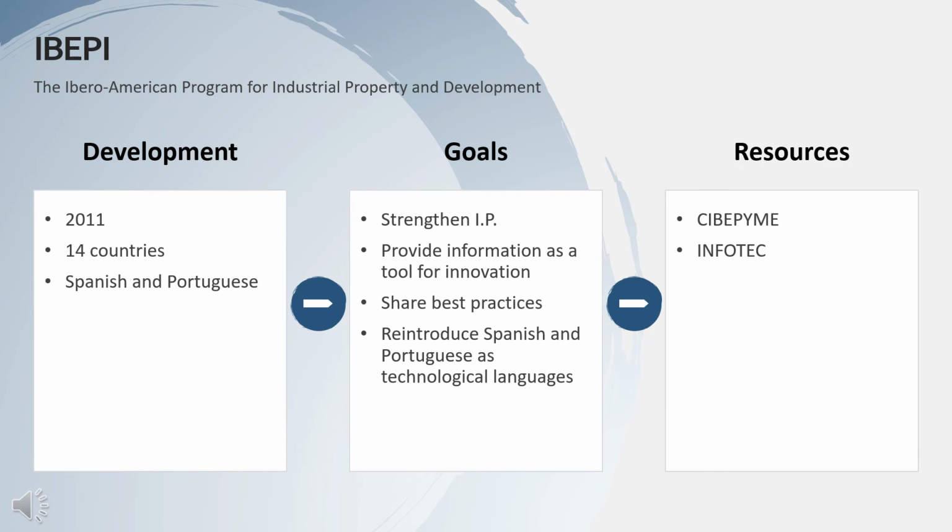Developed in 2011 with the financial backing of WIPO and consisting of 14 member countries, IBEPI has 4 main goals: strengthening intellectual property in the research and business sectors, disseminating technological information as a tool for innovation and development to all member countries, coordinating the sharing of best IPR practices between member countries, and reintroducing Spanish and Portuguese as technological languages.